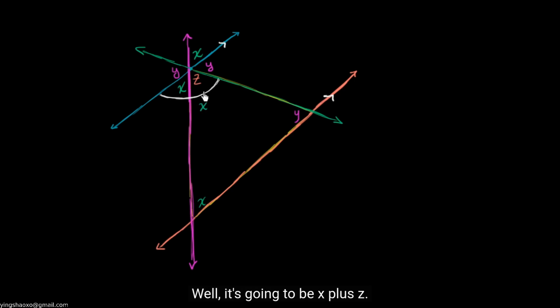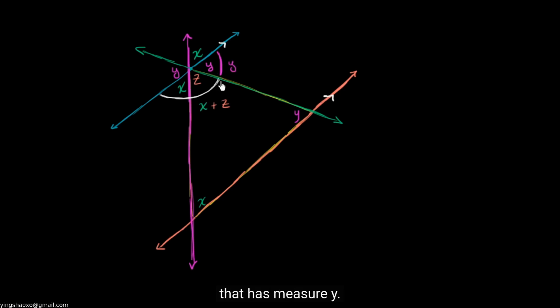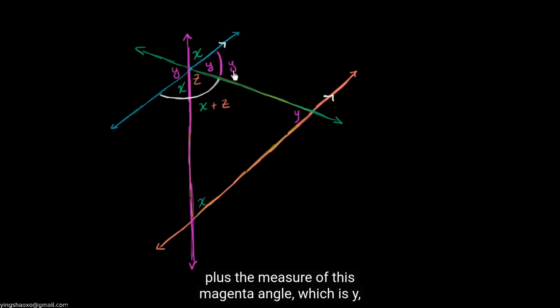It's going to be x plus z, and that angle is supplementary to this angle right over here that has measure y. So the measure of this white angle, which is x plus z, plus the measure of this magenta angle, which is y, must be equal to 180 degrees because these two angles are supplementary.